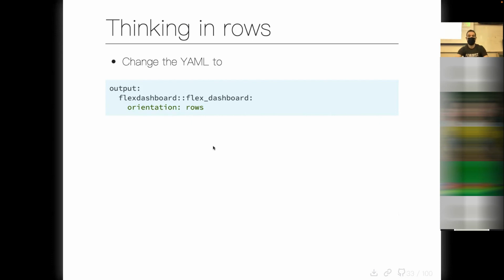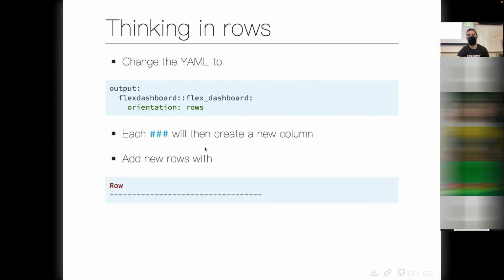So instead of column here, you would just say row like that. And then instead of data width, you would just do data height. Then each time you add a square, it's going to divide up that space horizontally evenly.